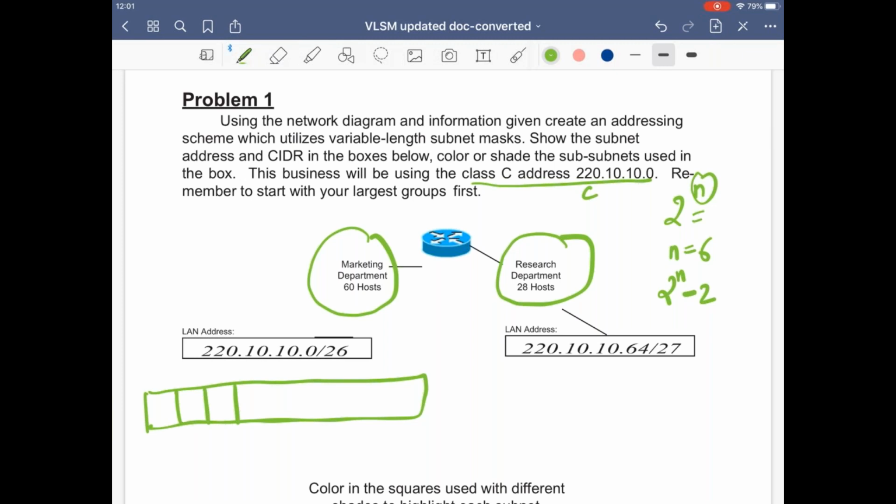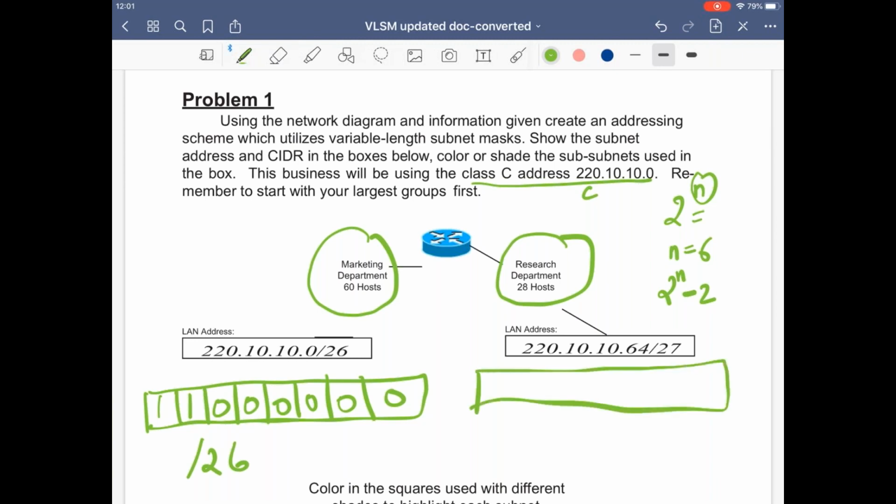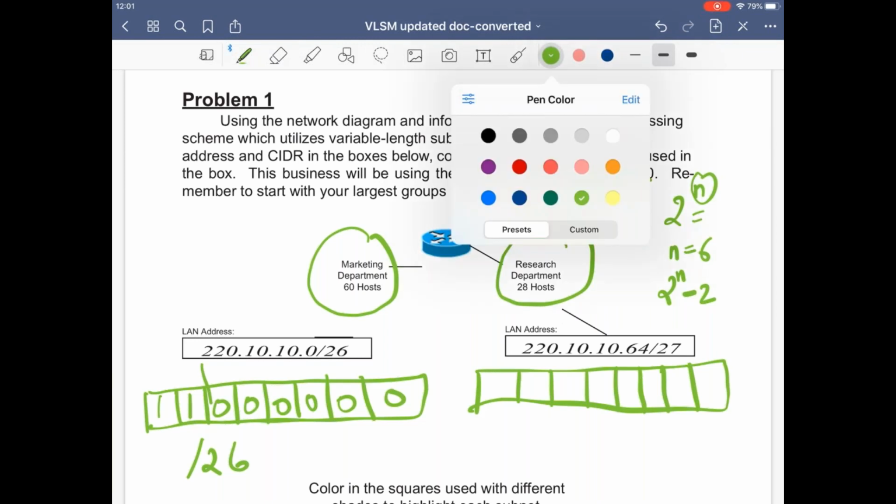The valid IP address range is from 220.10.10.0 to 220.10.10.63. That is the first network, because the range is 64. The subnet mask will be /26, because the first 2 bits are on and the remaining bits are off.